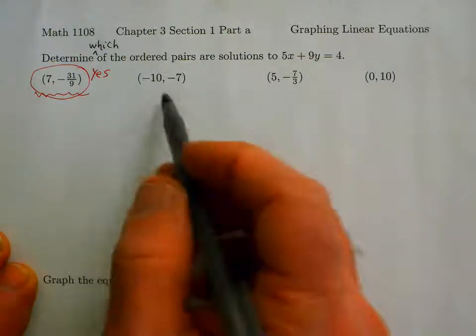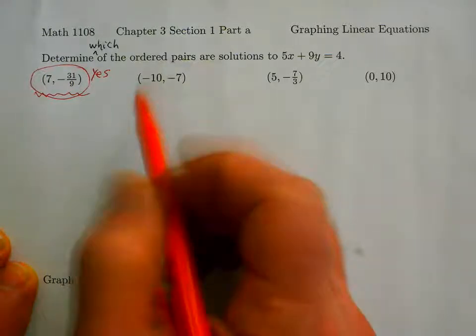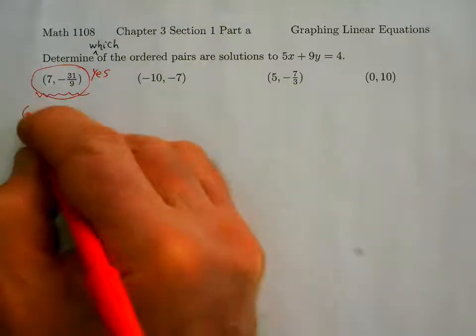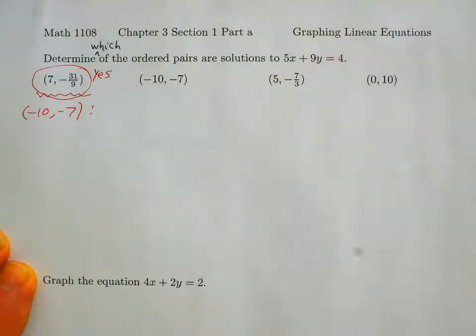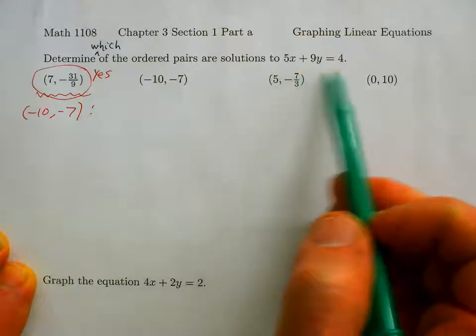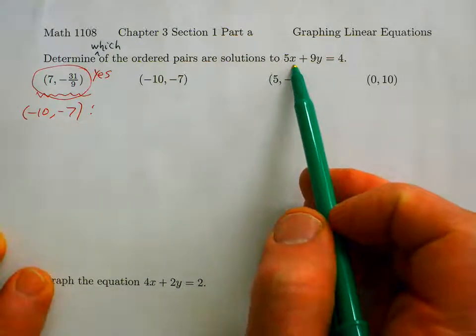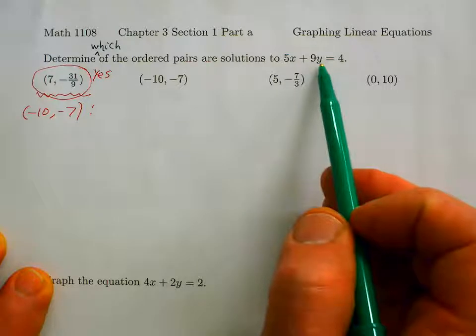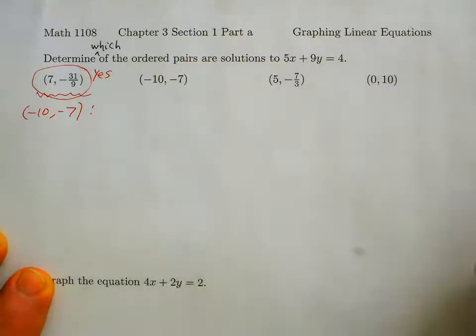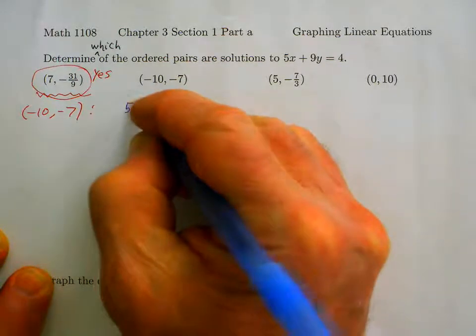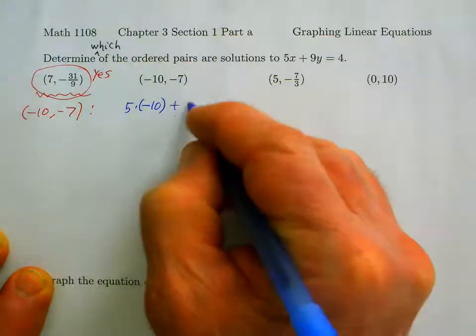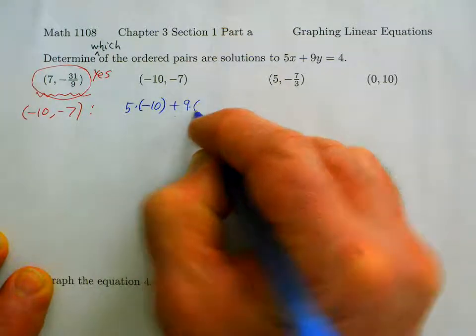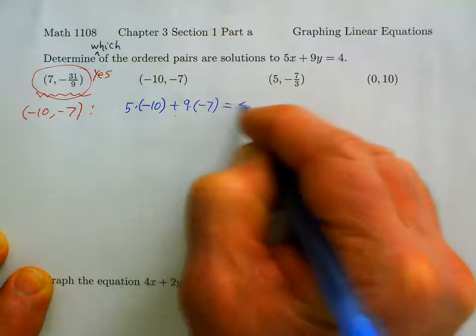So let's test negative 10, negative 7. So in the equation 5x plus 9y equals 4, replace x with negative 10 and replace y with negative 7 and check to see what happens. So we have 5 times negative 10 plus 9 times negative 7 equals 4.